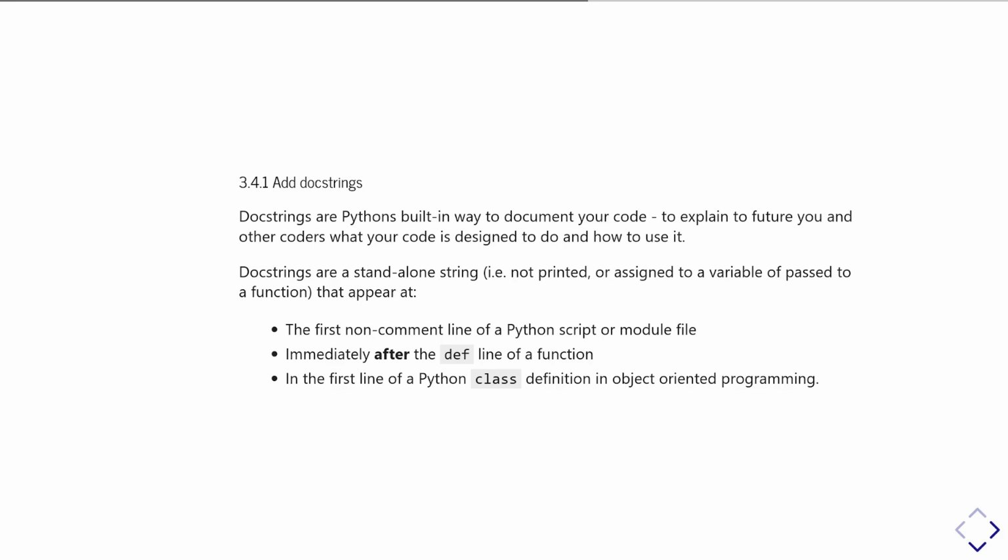It is the thing that comes immediately after the def line in a Python function definition. A good docstring should probably have at most a one-line summary of what the function is going to do, and then it should tell you about how that function is used.